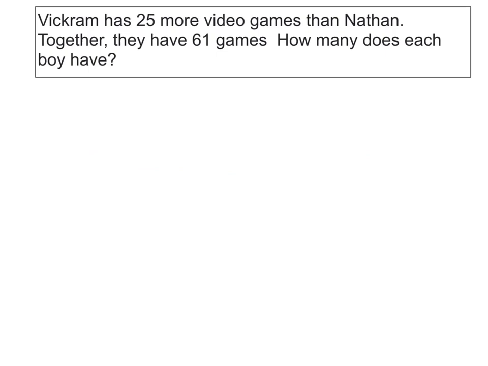As I read this problem, I see that there are 2 people with quantities in this story, and those 2 people, one of those people is Vikram, so I'll put his name in my picture, and the other person is Nathan. I'll put his name in the picture.